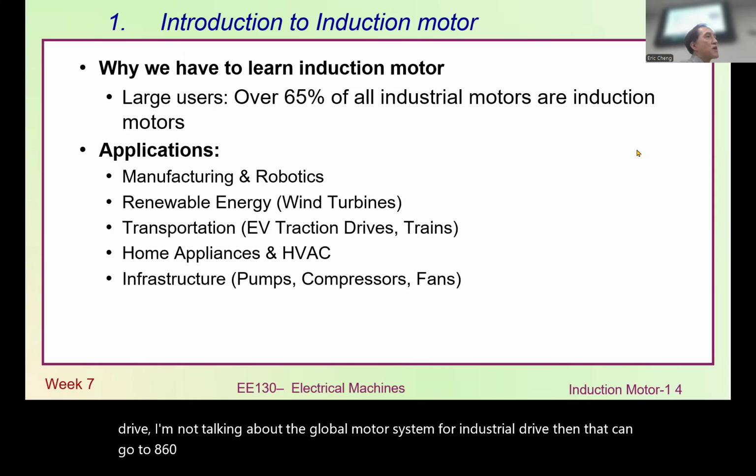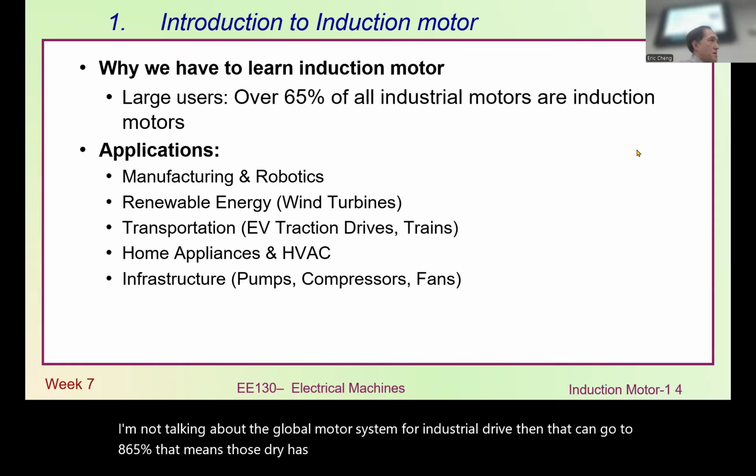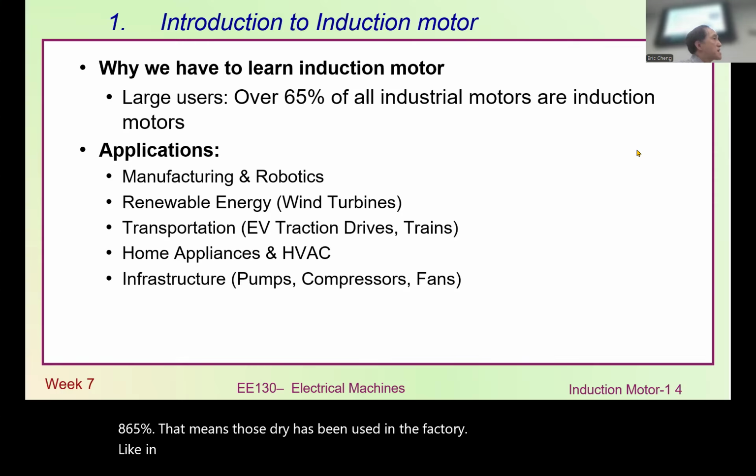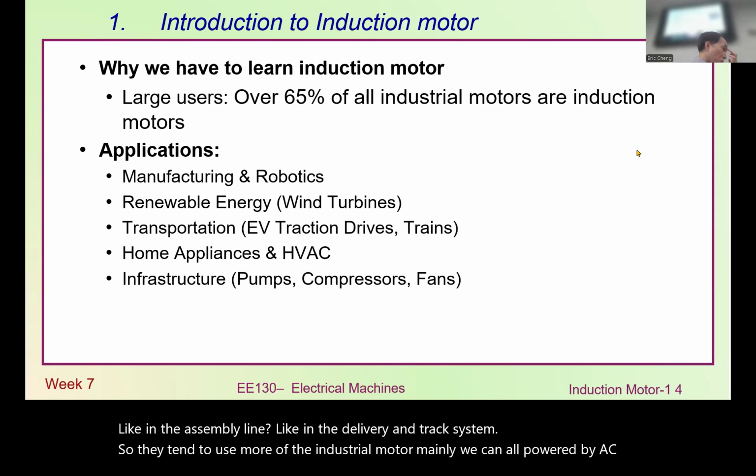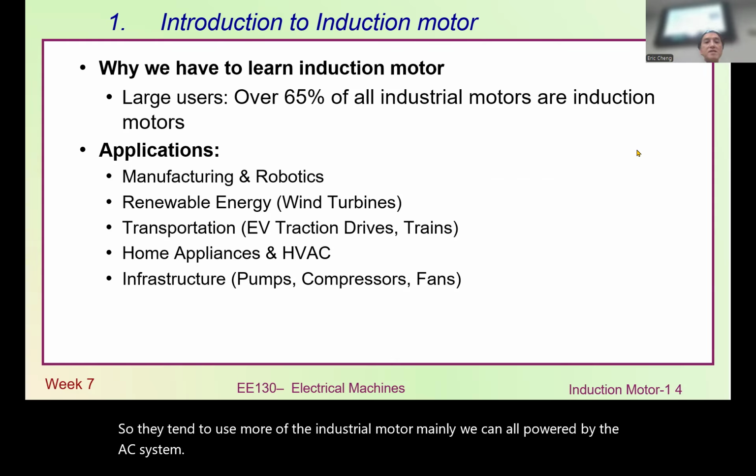That means those drives used in the factory, like in the assembly line, like in the delivery and track system. They tend to use more of the industrial motor, mainly because everything is powered by the AC system. So that would be at least 65%.